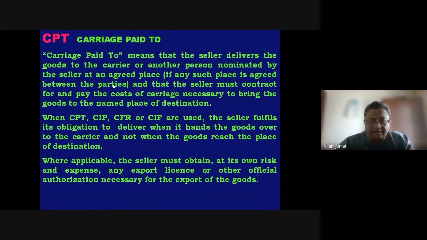Carriage means freight, the transport costs. But the delivery point is Gampaha, like FCA, so once delivery is done, whatever happens to the lorry, the ship, the trucks from Gampaha to Colombo, Jeddah, Riyadh, all the risk is on the buyer. Even though the seller is paying the transport, any risk in between is not borne by the seller, because the delivery point is in Gampaha, right?